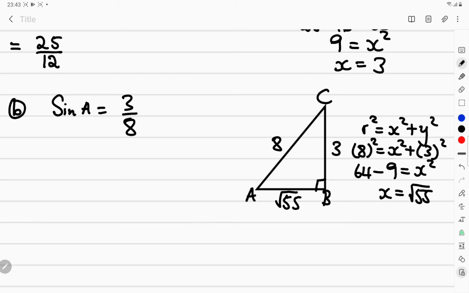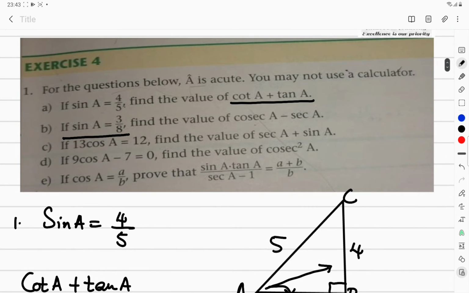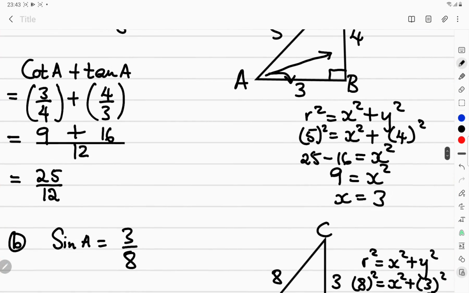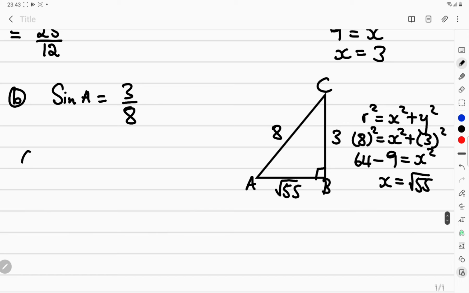So what are we supposed to calculate? We're supposed to calculate cosec A minus sec A. Cosec is the reciprocal of sine.